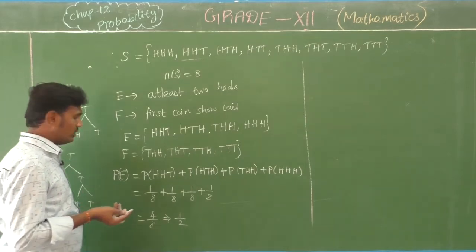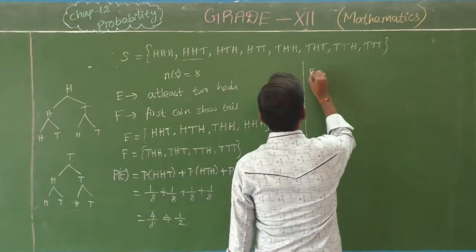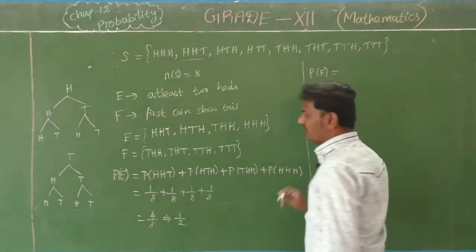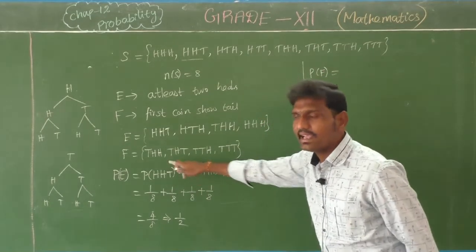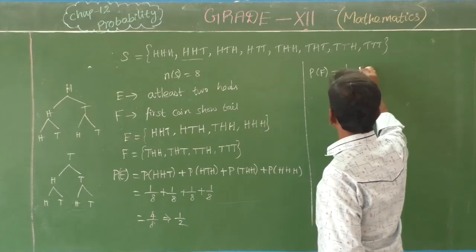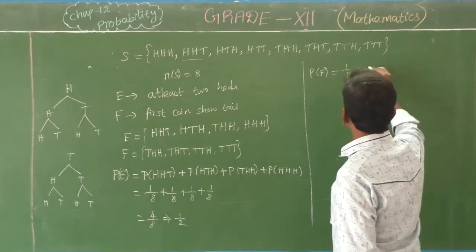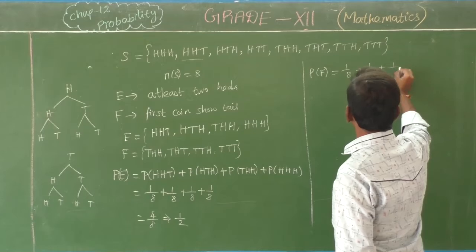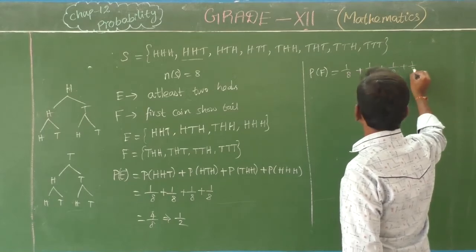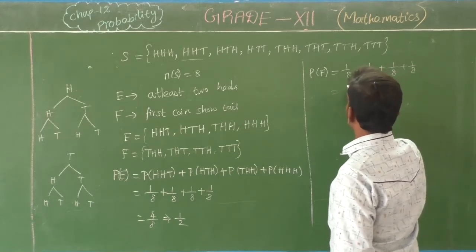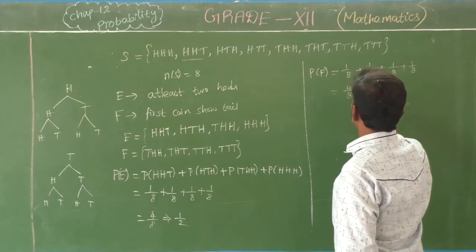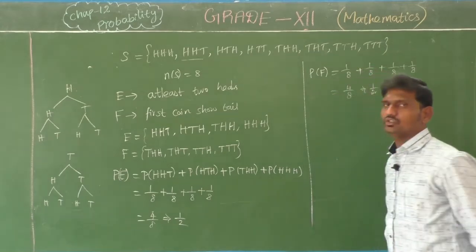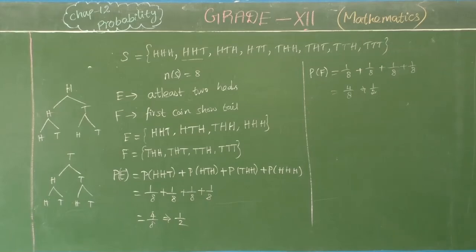That's all. Now P of F also will come. What is F? THH, so that is 1 by 8, 1 time, and next THT, then TTH, then finally triple T. So here also the same will come, 4 by 8. So the final answer is 1 by 2.